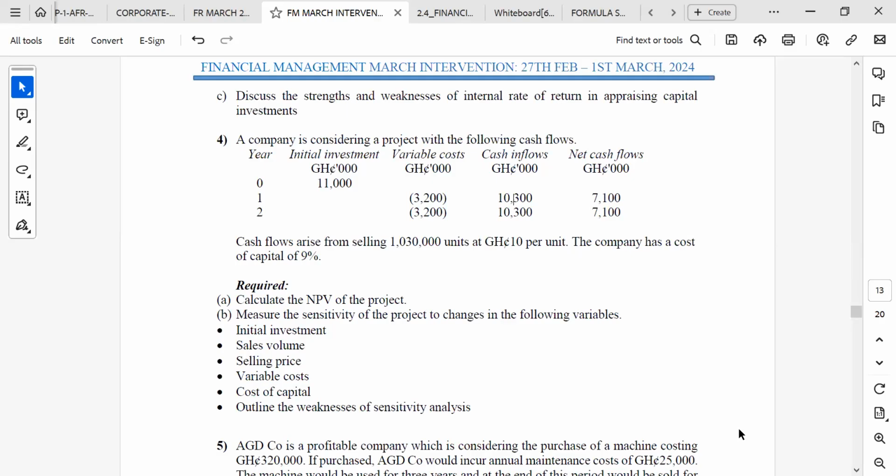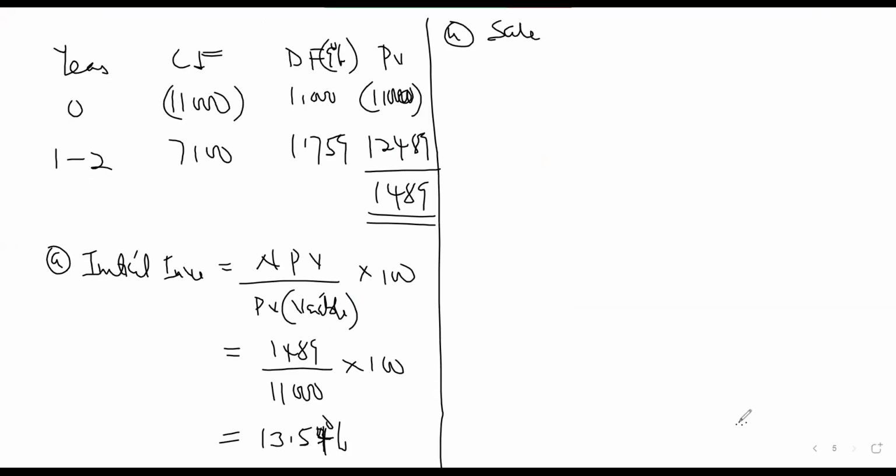Sales volume. The sales volume is always the contribution. So we look at the present value of the contribution. So we'll be having 1489 divided by the present value of the contribution.